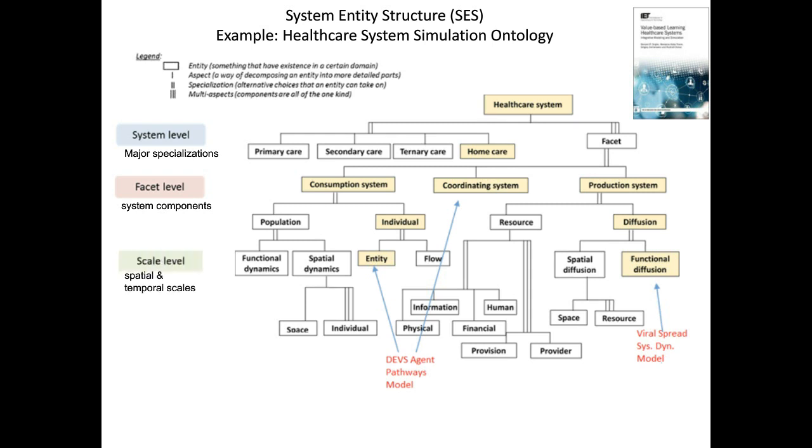Then the scale level has to do with the spatial and temporal scales of the models. And then the lowest level is the actual models that we can reuse and make available from well-established sources, or also have new models that need to be developed, partly by composition of the existing ones.